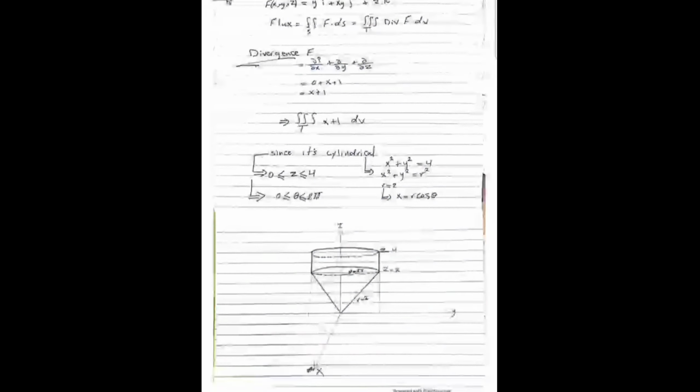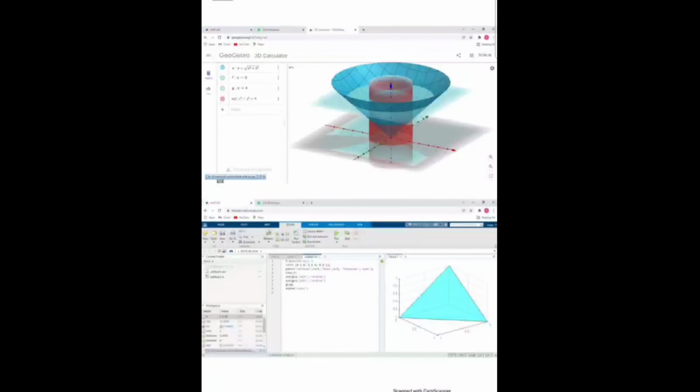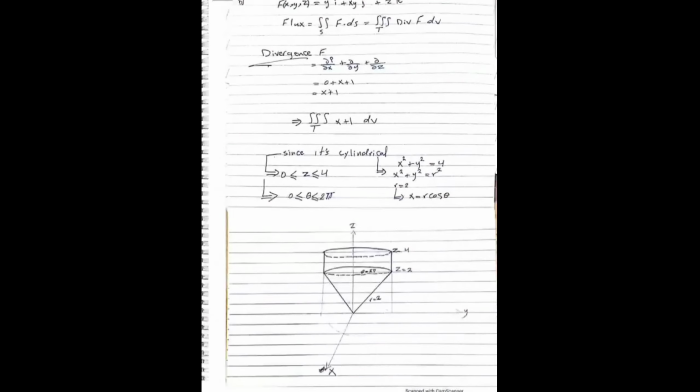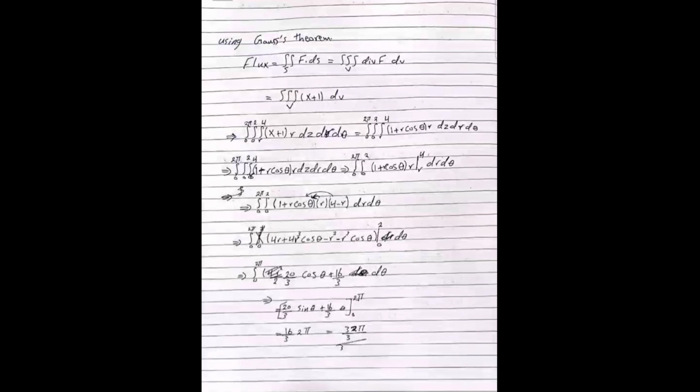Then we do the sketch of the graph, as well as in the program, and we get it like this. Then using Gauss's theorem, which is the triple integral for x plus 1 dV, we integrate, and the final answer was 32 pi over 3, which will be equal by doing the simulation on MATLAB.